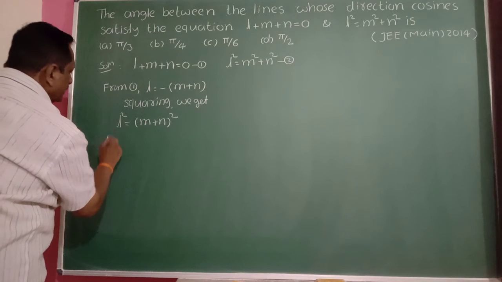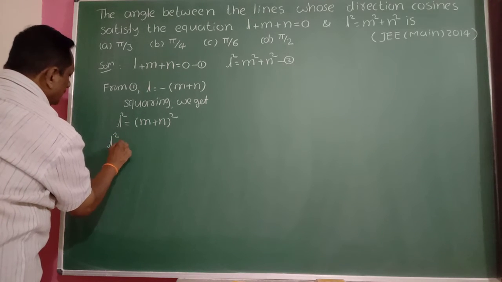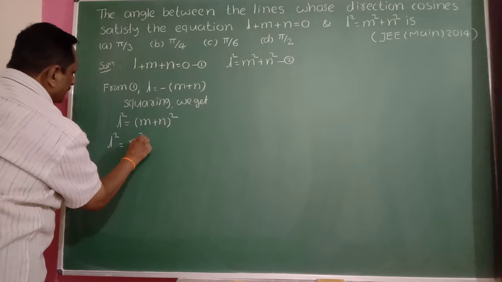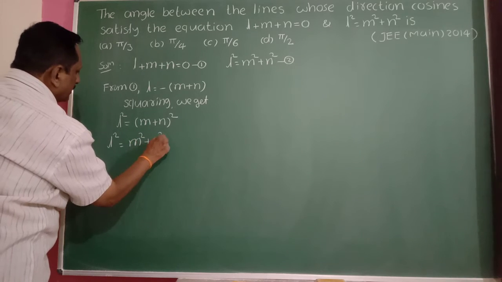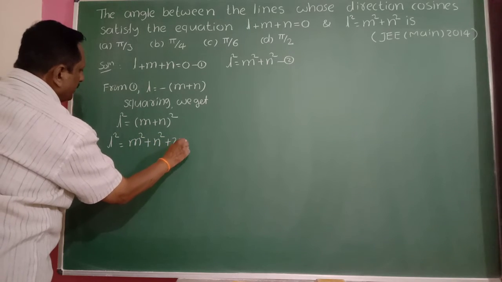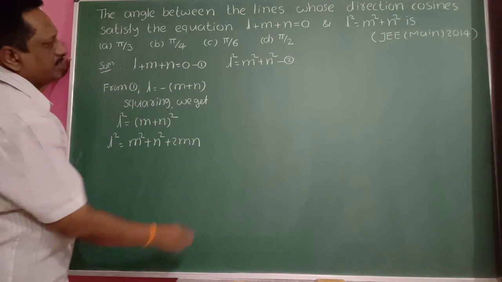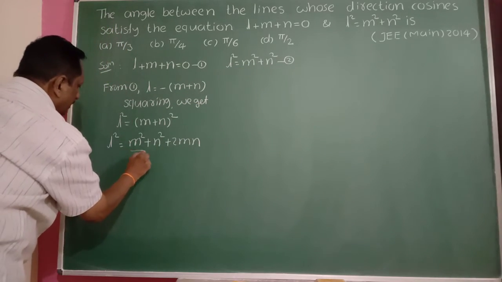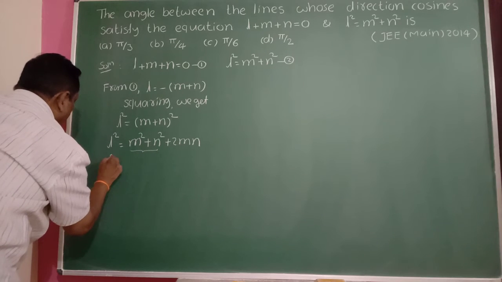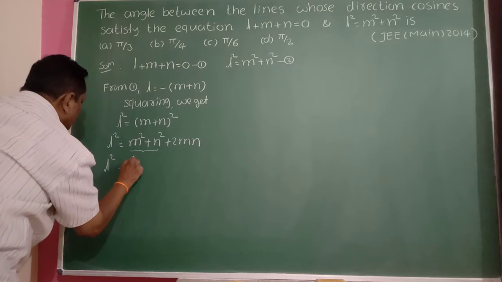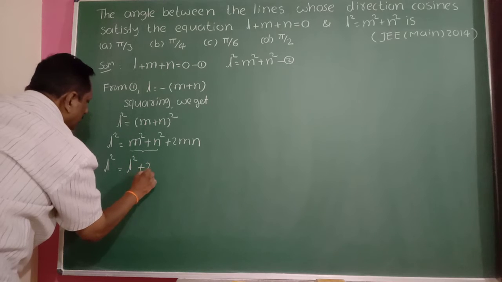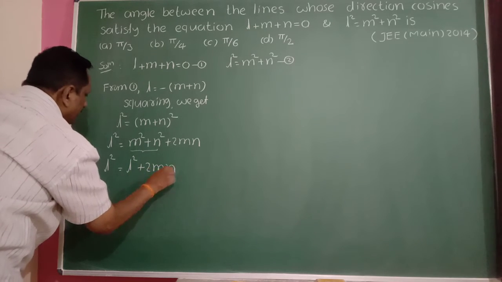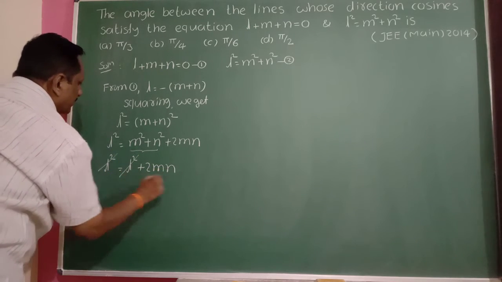So L square is equal to M square plus N square plus 2M into N. But they already give M square plus N square is L square. So here this is L square. So L square is equal to L square plus 2 into MN. This L square and this L square cancel here.